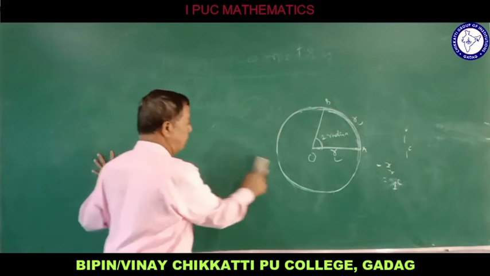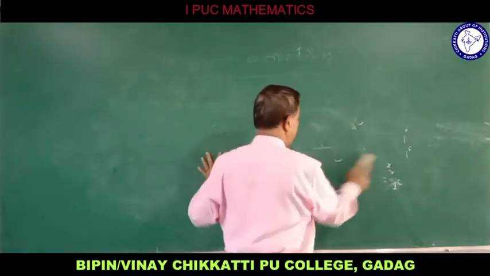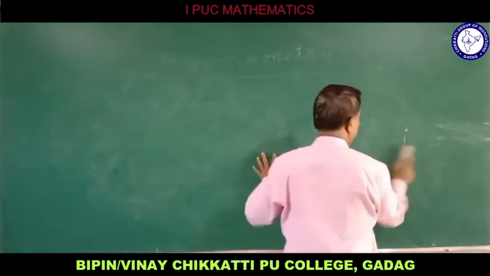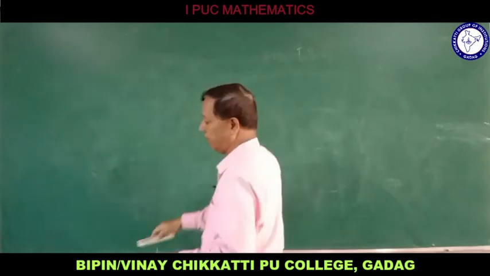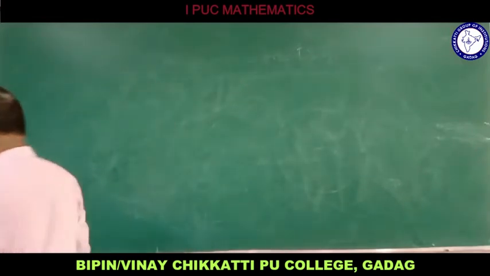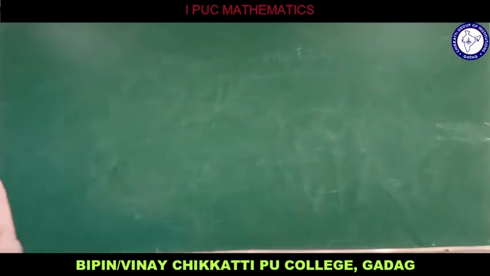So here you understood what is a radian and what is the angle subtended at the center of a circle. And I want to tell you certain important conversions.